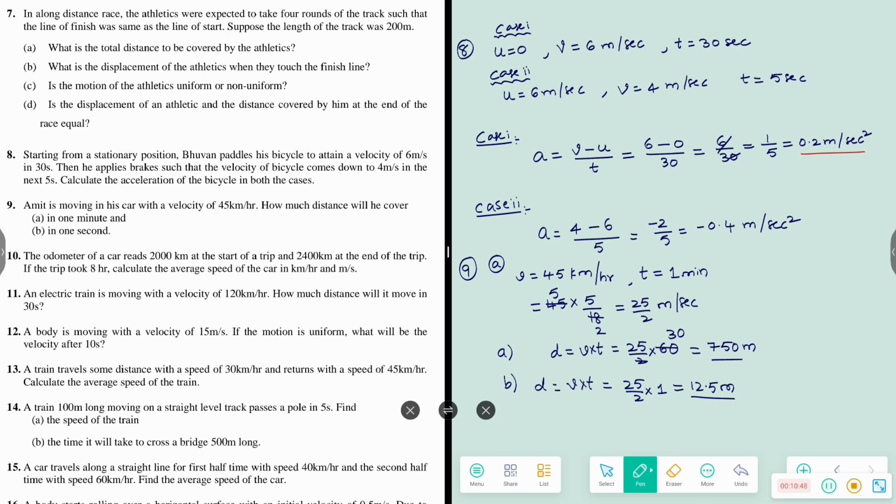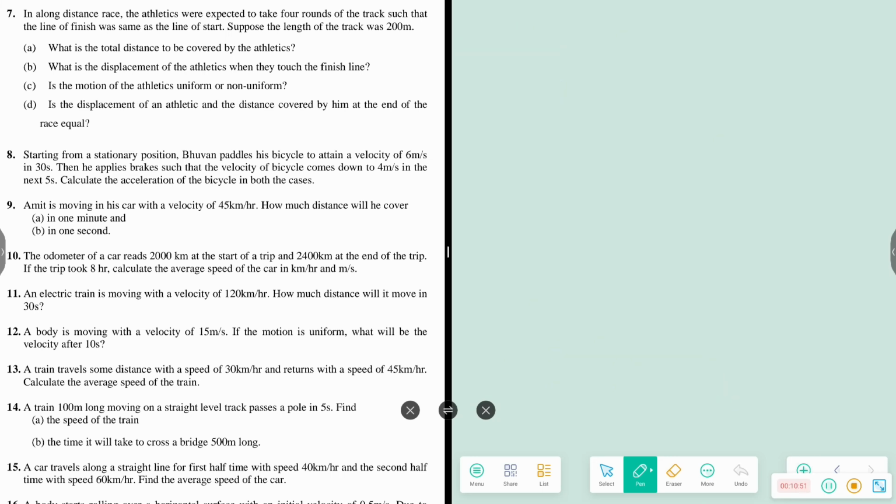Now let us see question number 10. Read the question carefully. The odometer of a car reads 2000 kilometers at the start of a trip, and 2400 kilometers at the end of the trip.